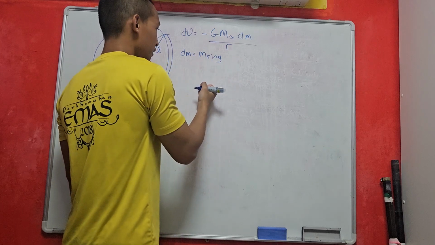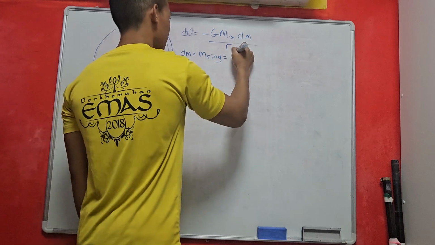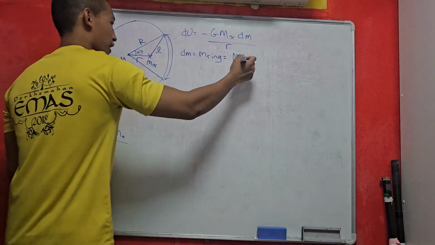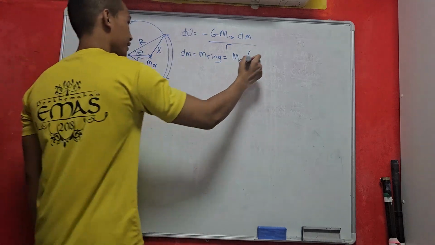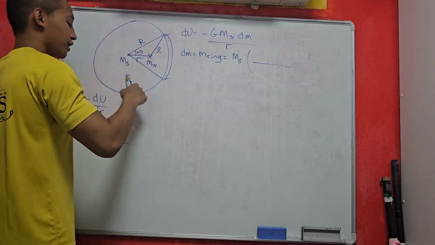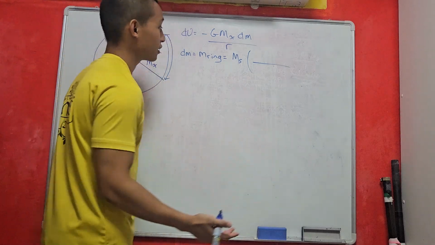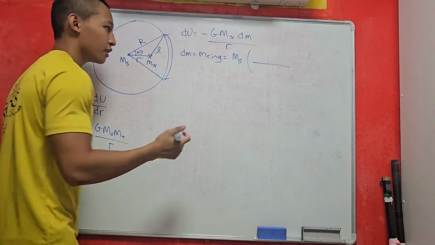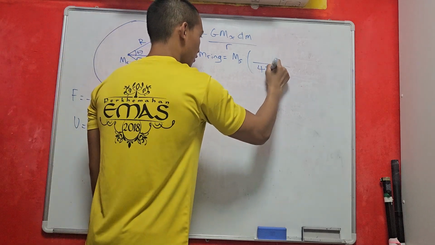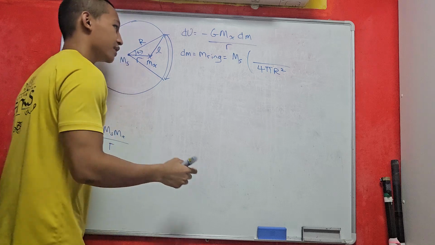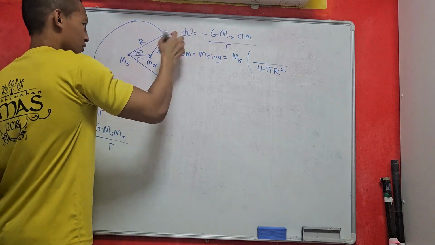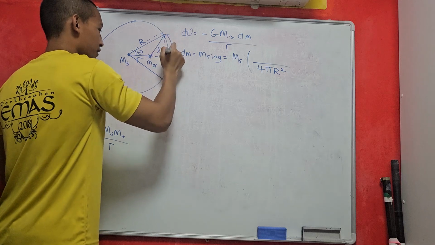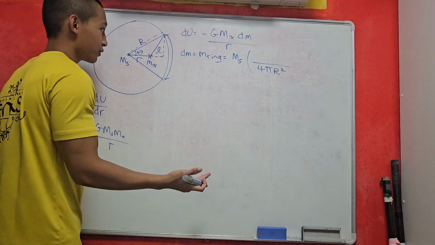and the mass of one ring can be found by taking Ms, the mass of the whole spherical shell, times the ratio of the surface area of the ring to the surface area of the spherical hollow shell. Why am I taking the surface area? Because it is a spherical hollow shell, therefore it's infinitely thin, right? So 4 pi R squared is the surface area of the shell, and the surface area of the ring is denoted by the circumference, 2 pi times the radius.